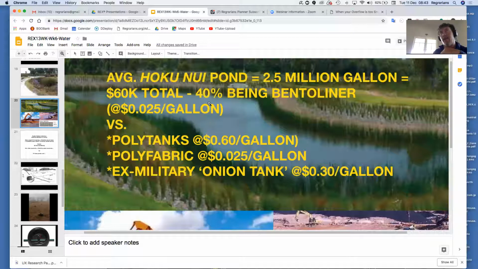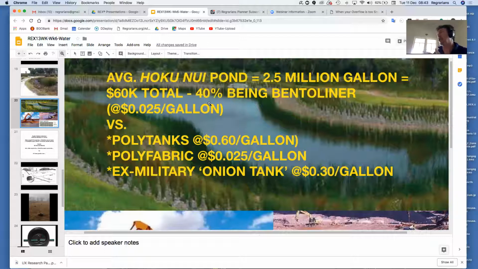So you look at it and go, all right, well, what are my options? And it's always important to compare your options. In this case, we looked at building a tank from an ex-military tank. We looked at using poly fabric. We looked at using poly tanks. And then we looked at using the bento liner, and we came to the point that the poly fabric and the bento liner had the best price per storage, per litre, per gallon, right?